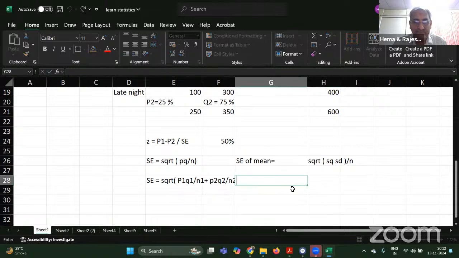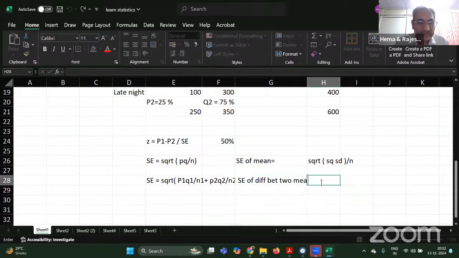Similarly, the standard error of difference between two means will be something like this.